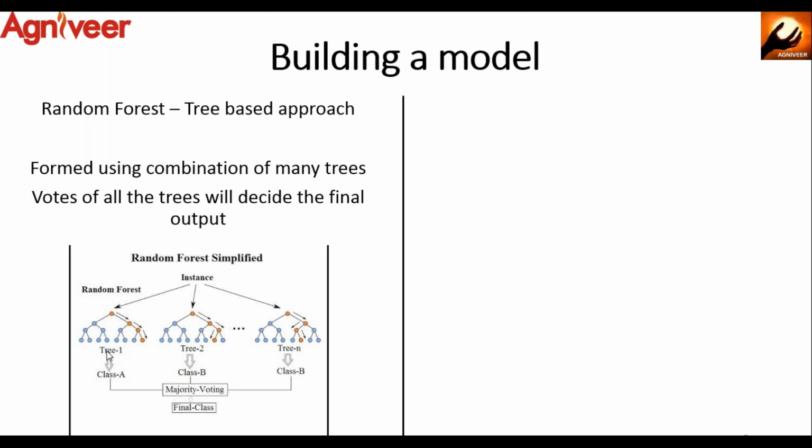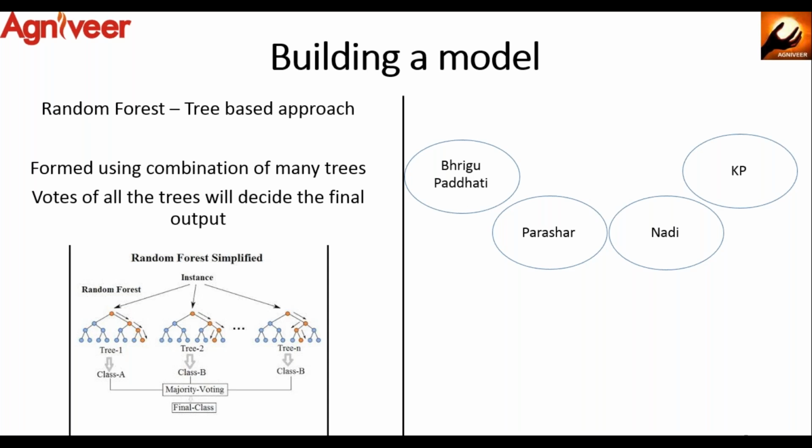The first tree is trying to predict that class A is going to happen, the second is predicting class B, and so on till tree number n, which is making a prediction of class B. Then the votes are counted and the majority wins. This is how random forest works. I hope this makes sense. This is just a basic, high-level, surface-level understanding of random forest.